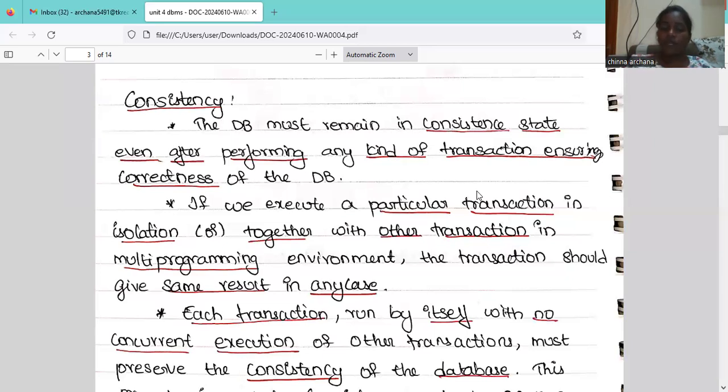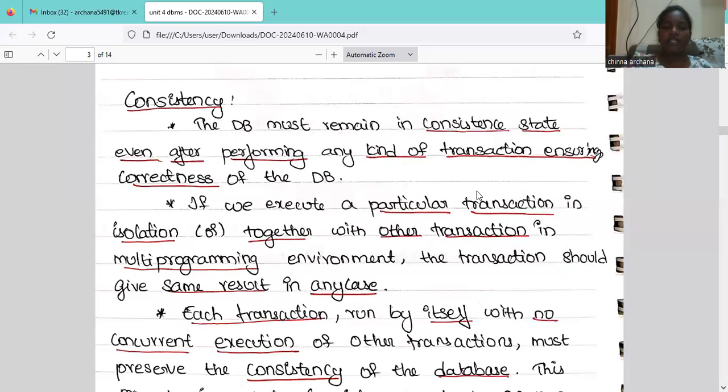See here, nowadays everything is a multi-programming environment. Not only a single user, multiple users can post queries. The system has to serve multiple users, or we have multiple users for a single application nowadays. Whether it is a single user or multiple users, after the transaction the data should remain consistent in the database.